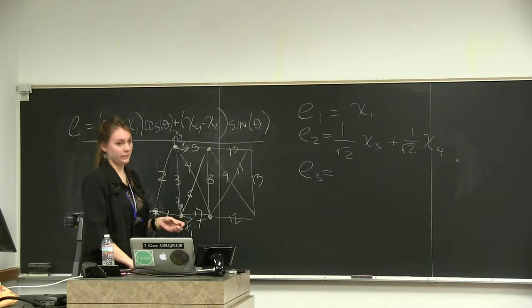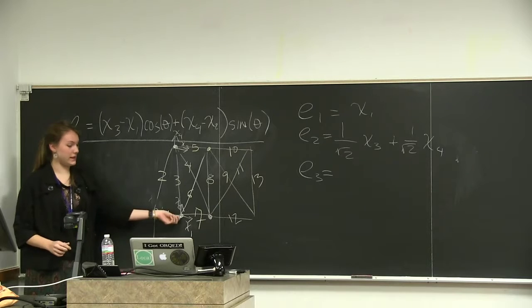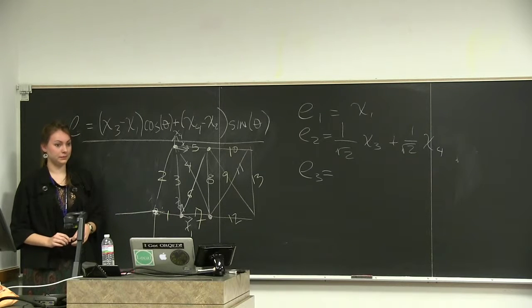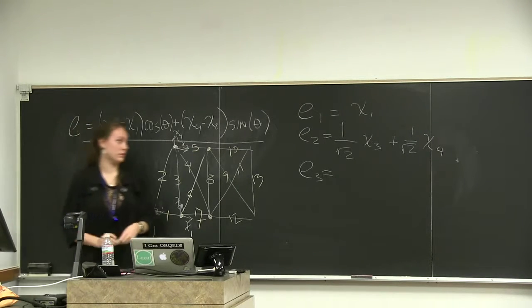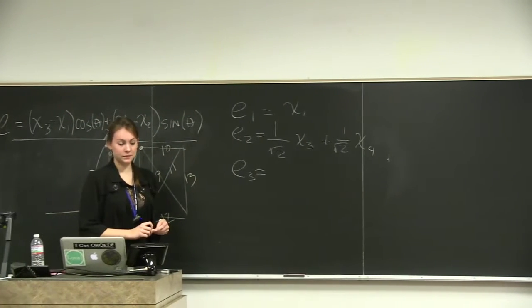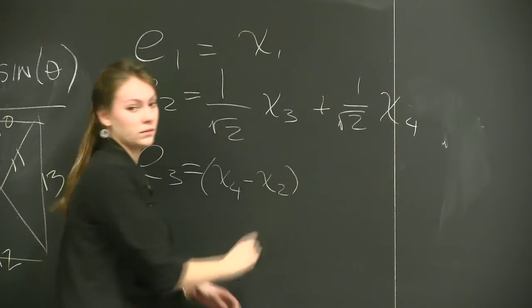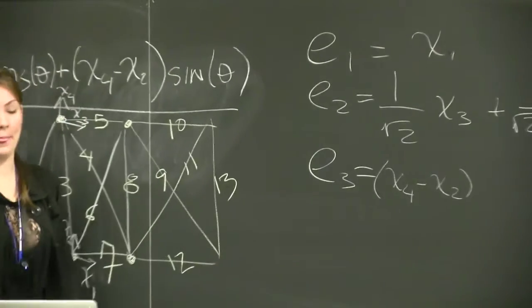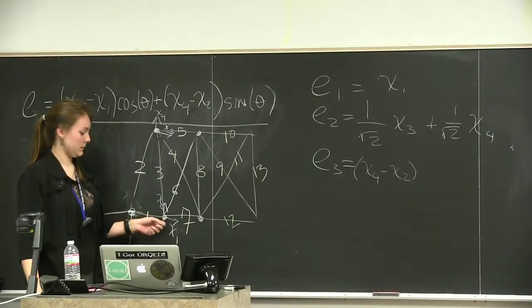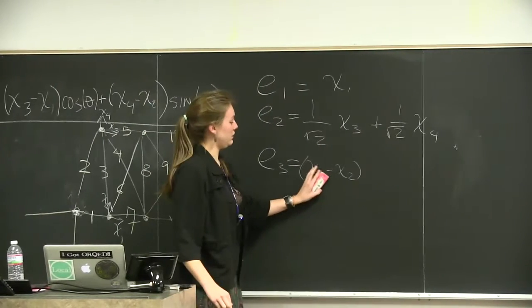E3. Fiber 3 has a head and a tail that can move. Times cosine of what? Is that 4 and 2?